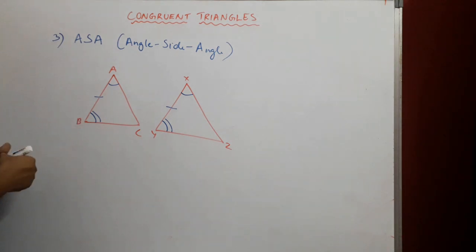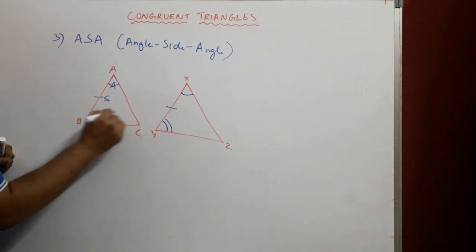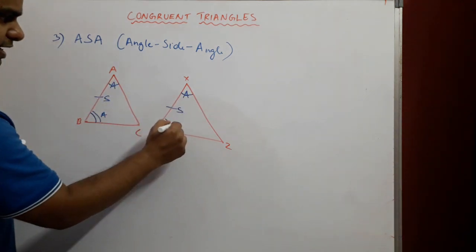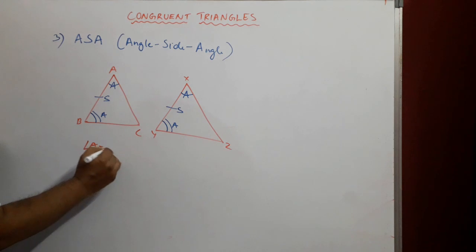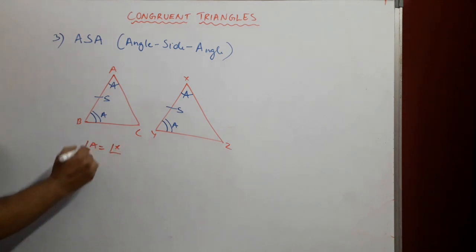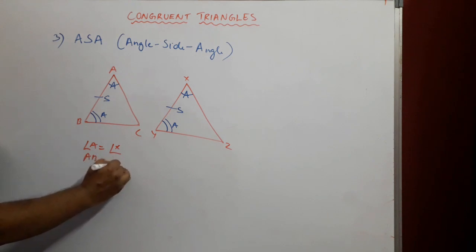So in this case it is angle, side, angle. Put it down: angle A should be equal to angle X, then AB equal to XY.